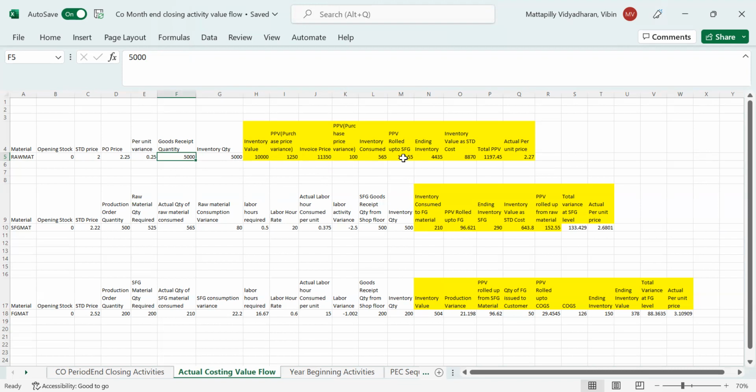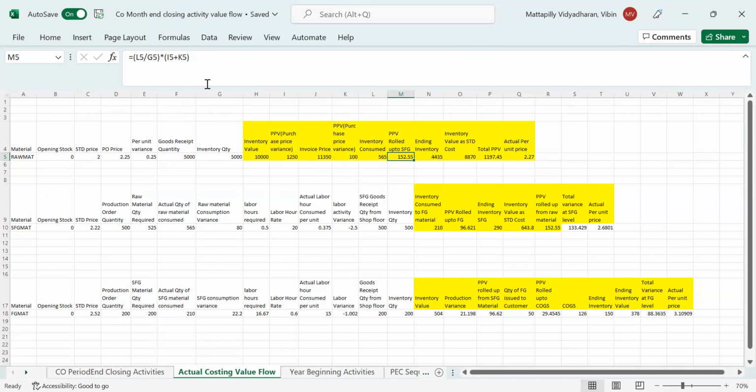So how does this 152.55 get rolled up to the SFG product? That is calculated here: L5, 565, divided by the total inventory G5, which is 5,000, multiplied by the total variances.